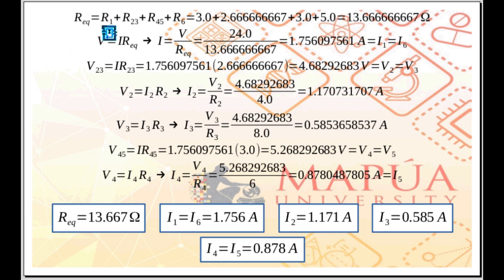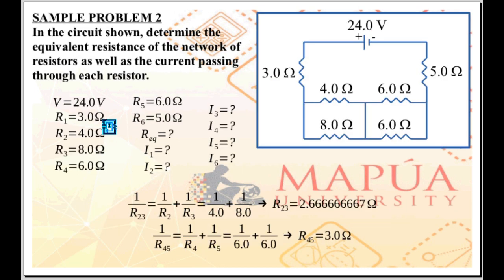R equivalent is equal to R1 plus R23 plus R4,5 plus R6. Thus, we are able to determine the R equivalent. R equivalent is equal to 13.667 ohms.